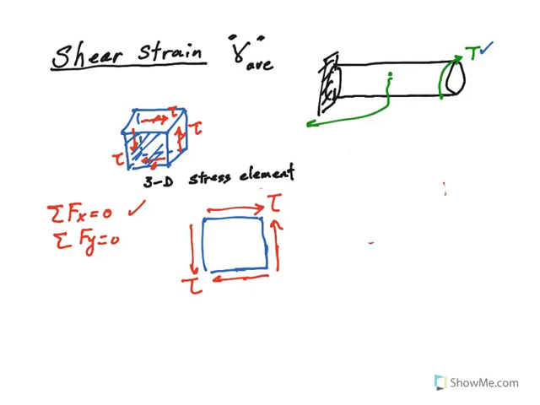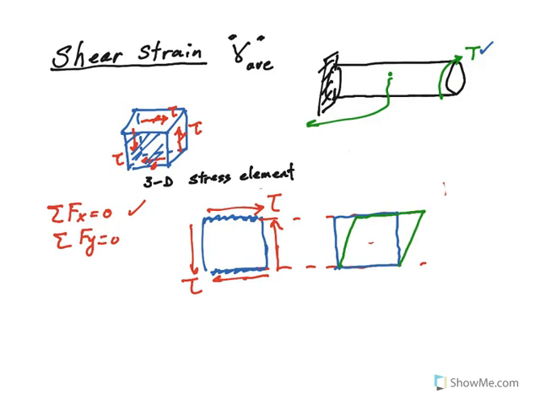As a result of these shear stresses, there are two possibilities. Either all four faces will get deformed, or maybe if this top face is fixed and this is fixed, then this will only shift like this. Let me draw the initial stress element in blue, and then the shifting is going to be like this.